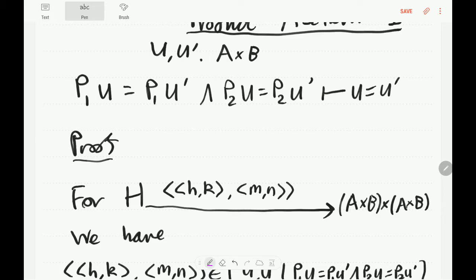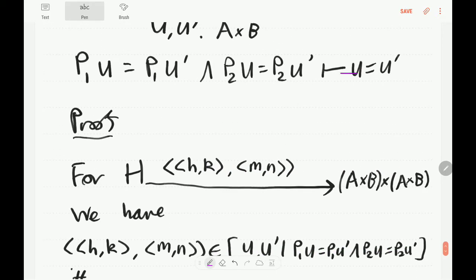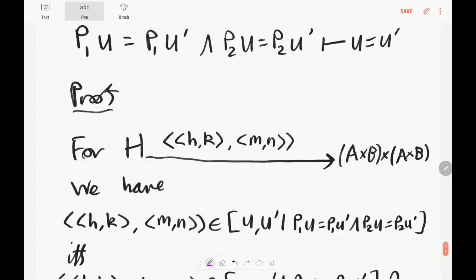But anyway, we want to prove that the statement on the left implies the statement on the right. So we just do a kind of generalized element style argument. We take the extension of the thing on the left.